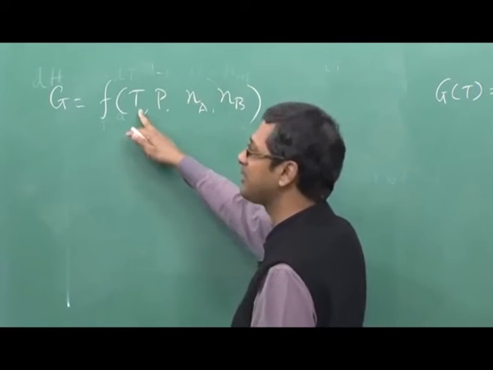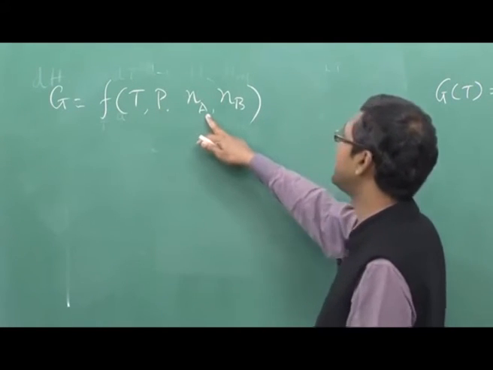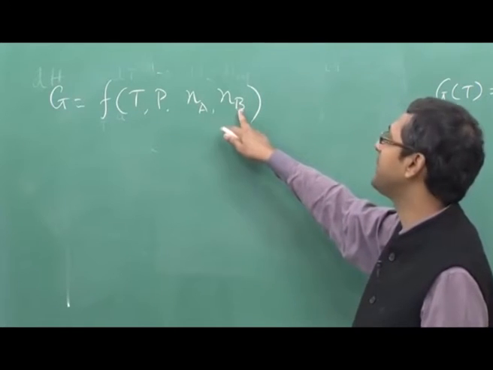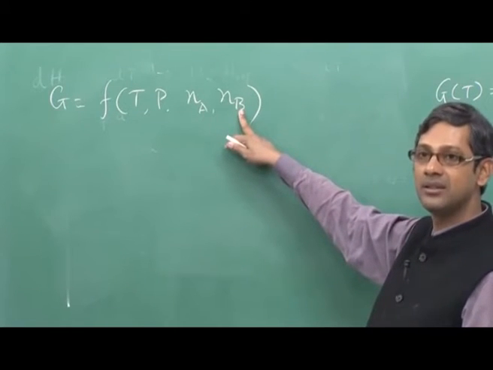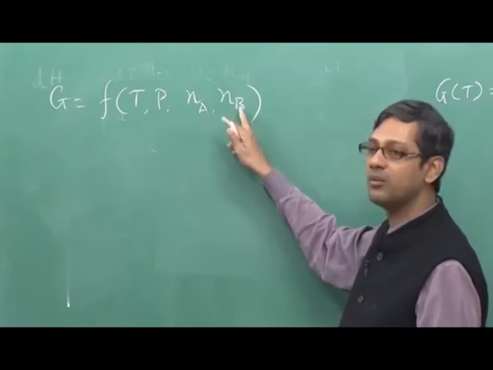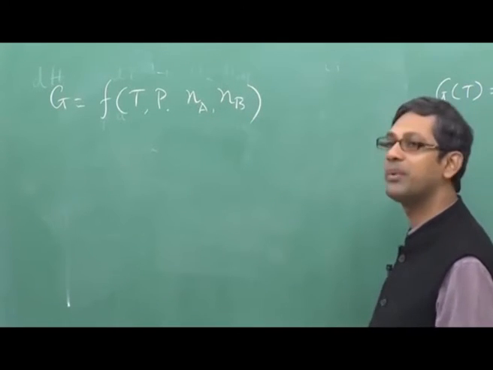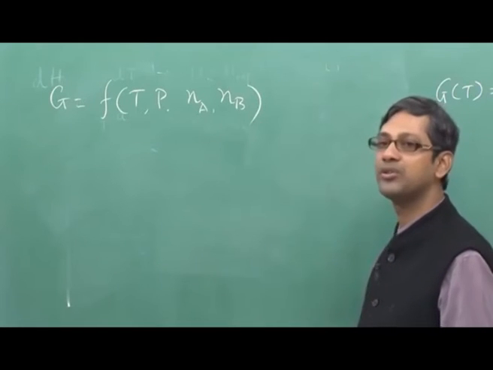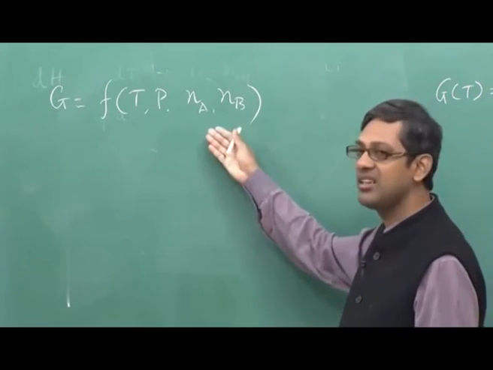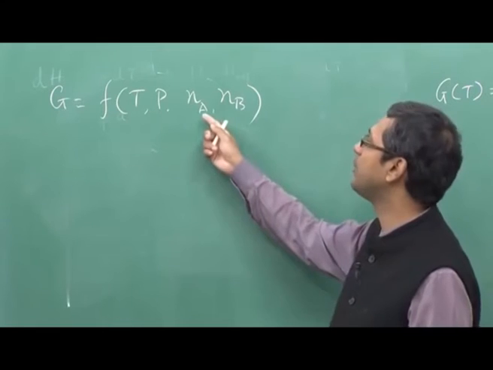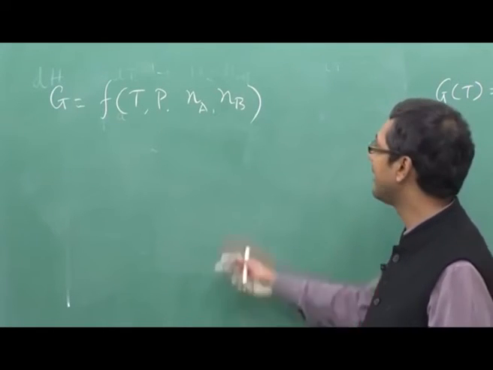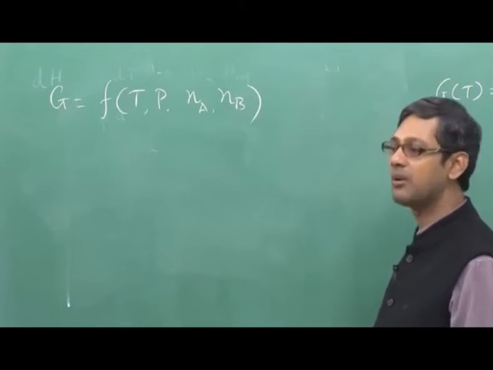Here T is the temperature, P is the pressure, Na is the number of molecules of A, Nb is the number of molecules of B. Like in the water and salt system, Na is the number of moles of water, Nb is the number of moles of salt. For a steel, containing iron and carbon, Na will be the number of molecules of iron, Nb is the number of molecules of carbon.